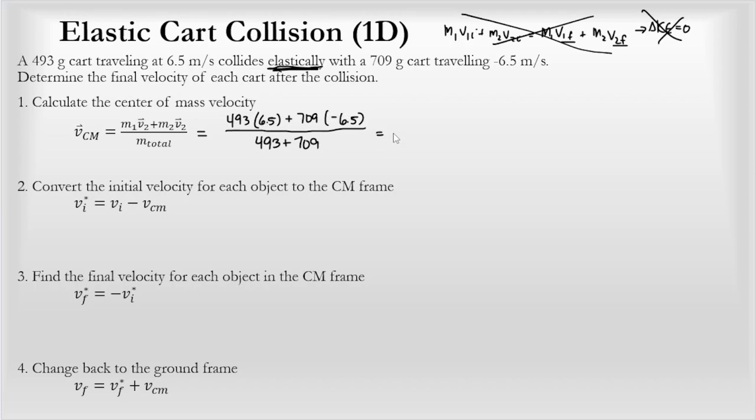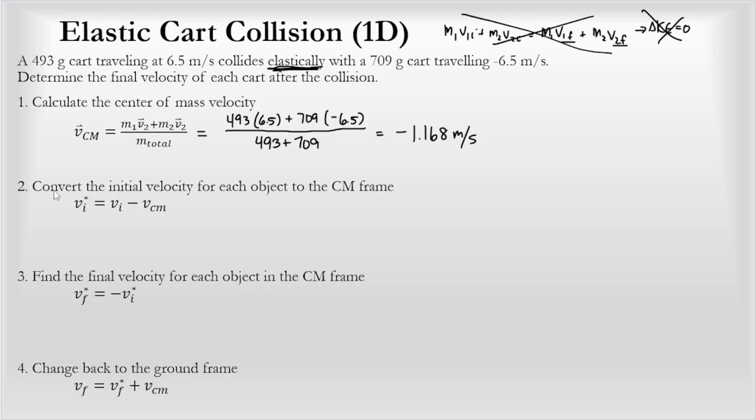When you multiply this through, the 709 is obviously the larger cart, and so the center of mass velocity is going to be in the negative direction, 1.168 meters per second. Okay, so that makes sense. I have my center of mass velocity.